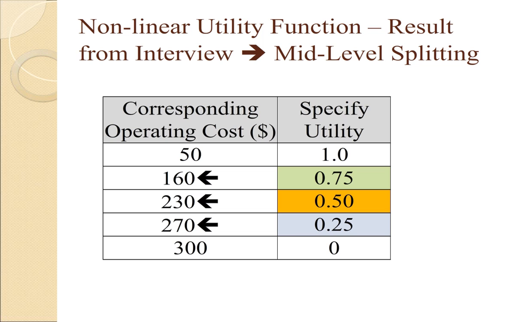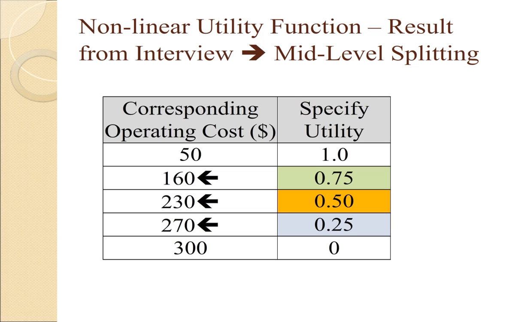The next step is we look at two other midpoints, and that's why it's called mid-level splitting. We look at the 25th percentile and the 75th percentile. Between 230 and 300, the midpoint would be 265, but continuing the shape of the curve that we had before, we say that going from 300 to 270 already improves the utility score from 0 to 0.25.